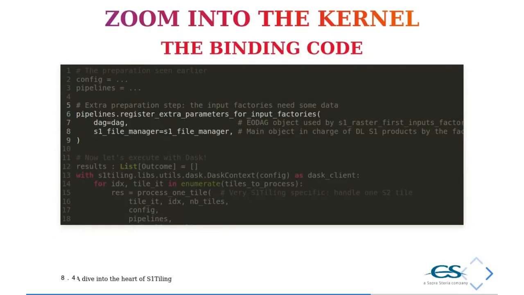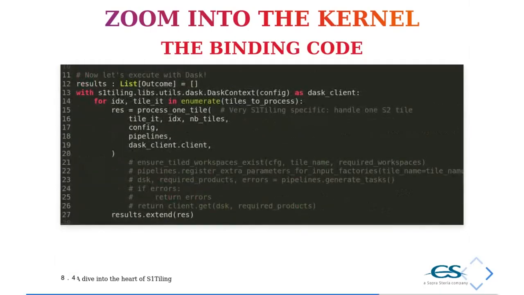I pass the EODAG parameter. I pass another object that centralizes the analysis and the downloading of all the Sentinel-1 products, given the time range of the request, given the polarity requested, and so on.